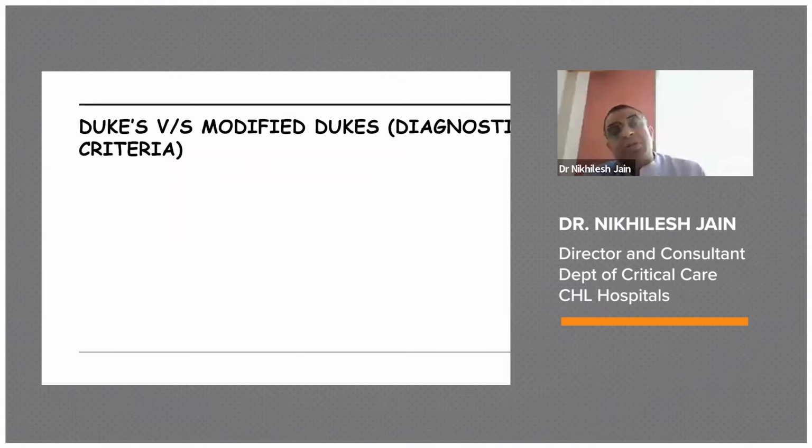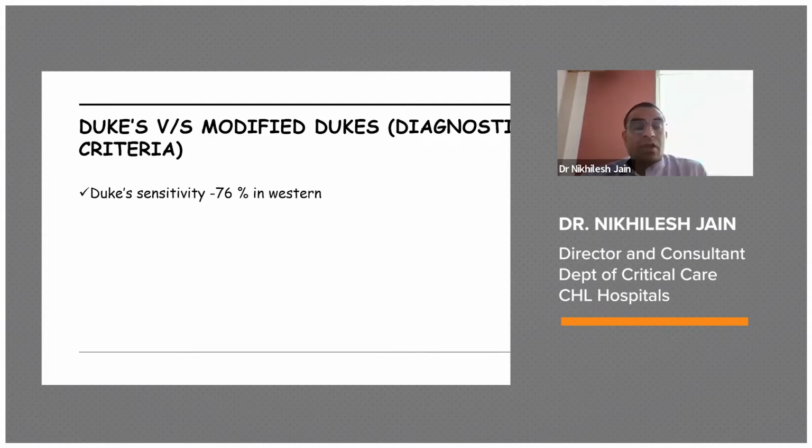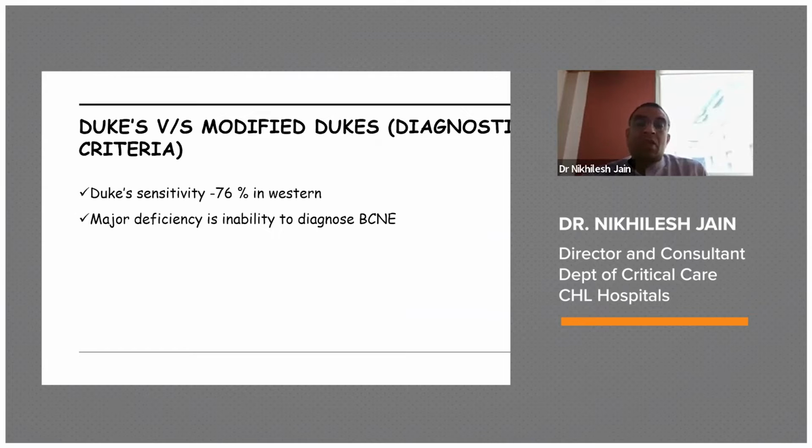Now, whenever we talk in terms of diagnosing an infective endocarditis patient, there's something called Duke's criteria, there's something called modified Duke's criteria, and there are certain modifications which we may need to understand. So when we talk about Duke's criteria, sensitivity is approximately 76% in Western literature. The major deficiency is inability to diagnose blood culture negative endocarditis.